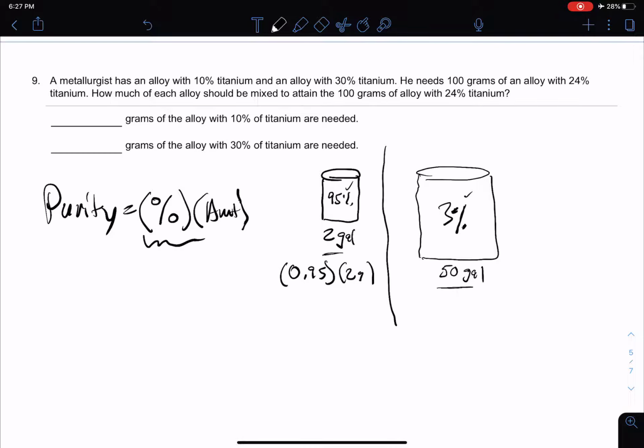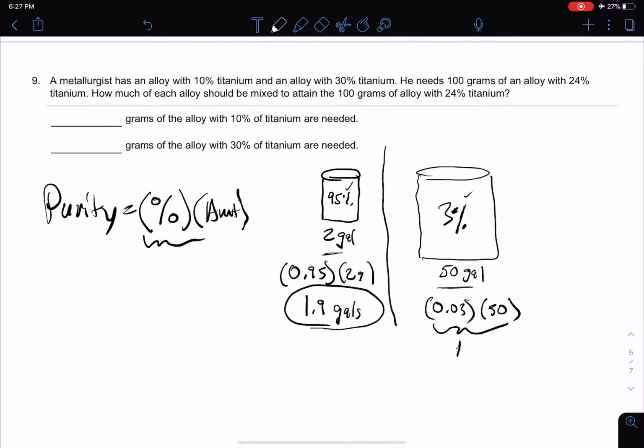And 0.95 times 2 is 1.9. So we got 1.9 gallons of pure apple juice. How about over here on this one? Well, this is 0.03, because we got to change 3% to a decimal. That gets multiplied by 50 gallons. And when we multiply this, we end up getting 1.5 gallons.